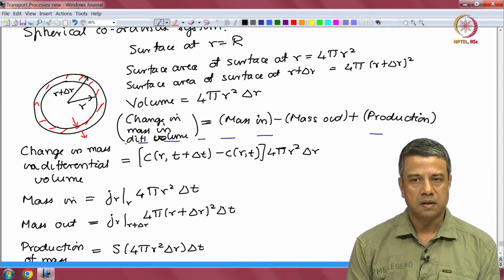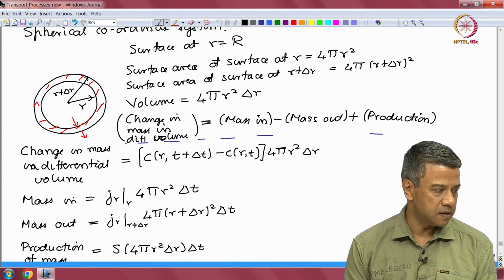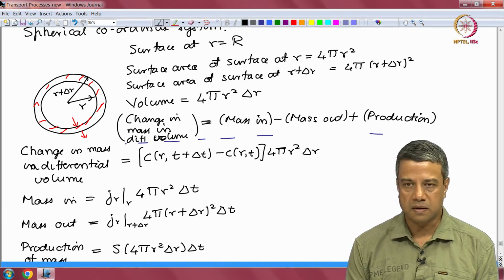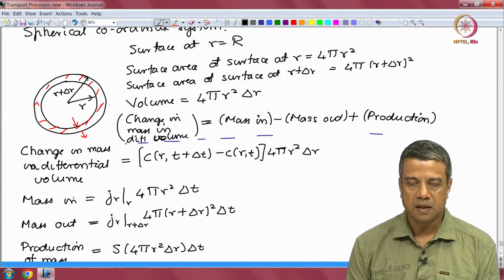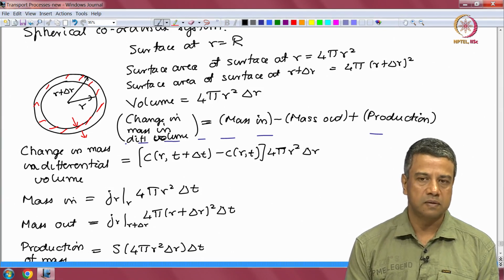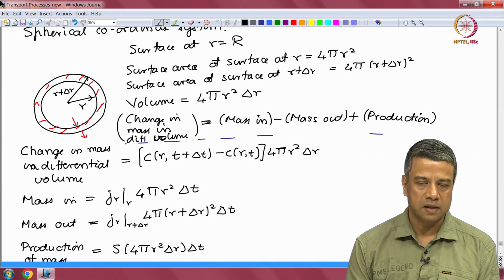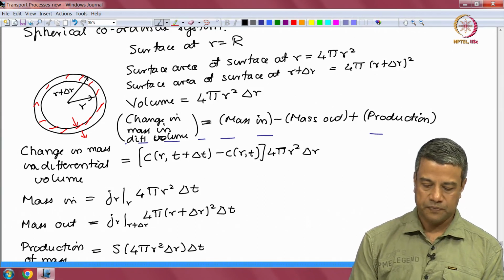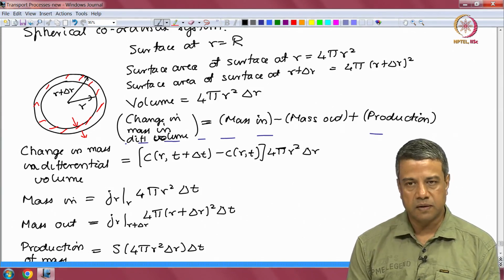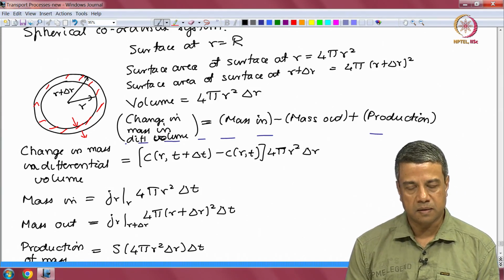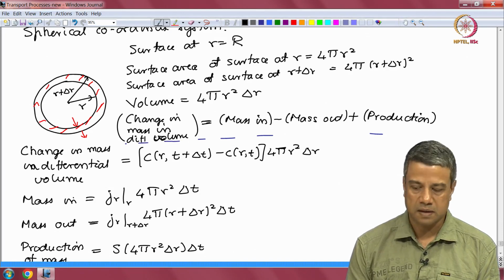So, for a given distance from the origin, the temperature or concentration is the same regardless of the orientation of the position vector. However you rotate the position vector around the origin, the temperature is the same.